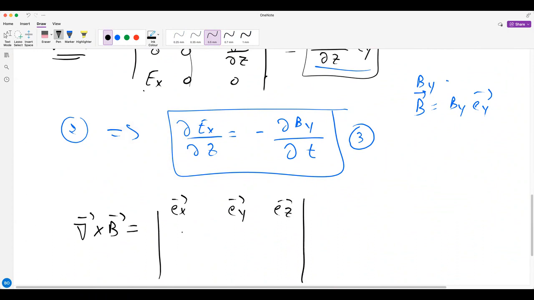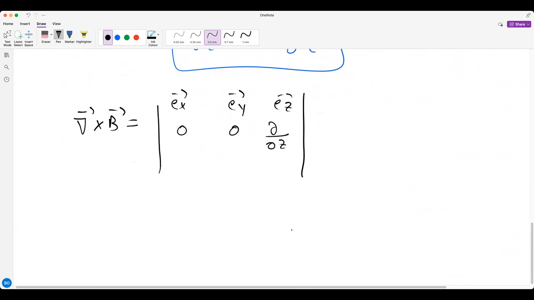As I mentioned, I consider only the variation along the z-axis, and B is only along the y-axis. This will give me minus the derivative of By with respect to z, along the x-axis, and you can easily calculate it.